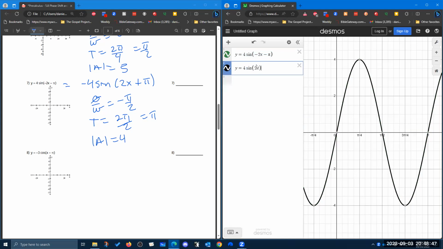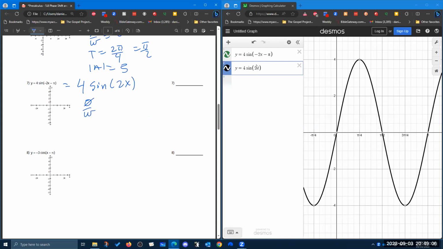So if I had used some trig identities to simplify this down first, then I would have a simpler function of 4 sine of 2x, and then I would have no phase shift, and I'd have a period of 2 pi over 2 is pi, and an absolute value of A is 4. That is what we see going on here.